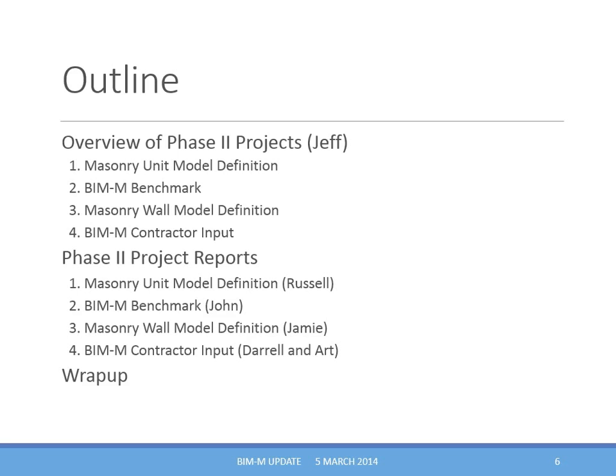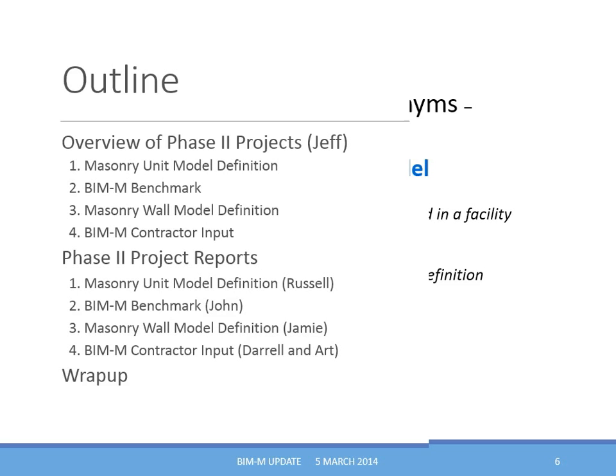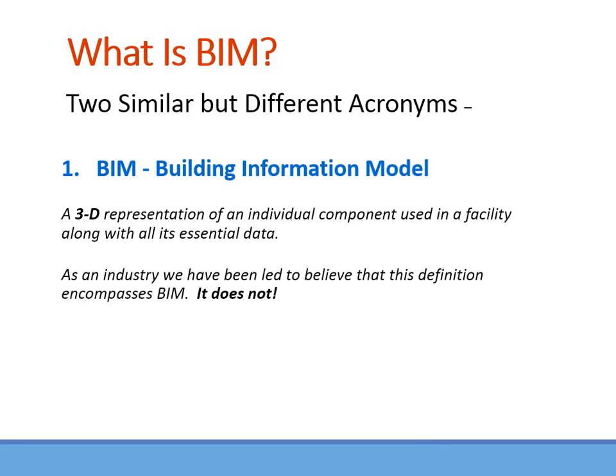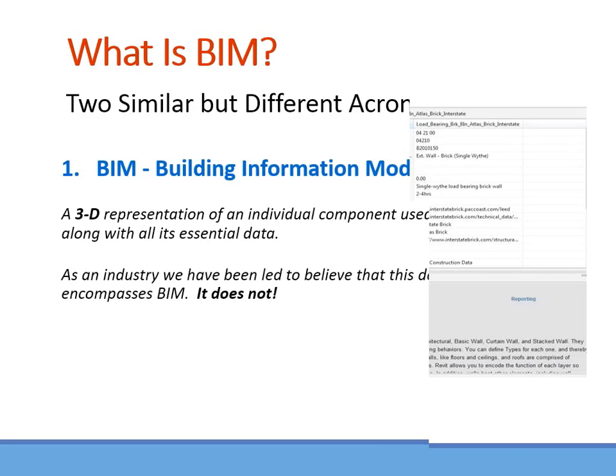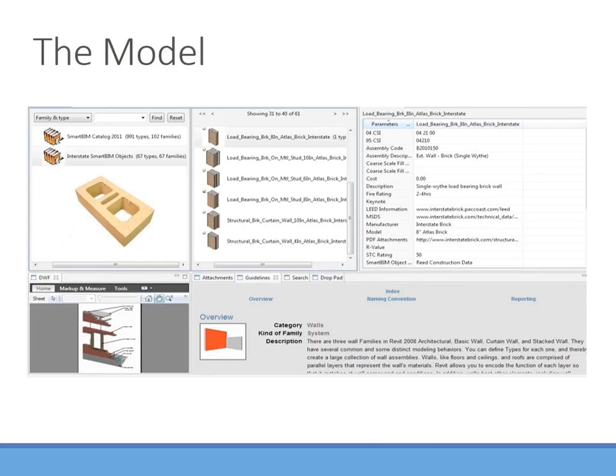Before we get in, I wanted to explain what BIM is. There have been two different acronyms, both using BIM. One is Building Information Model. This is a 3D representation of an individual component used in a facility, along with all of its essential data. This is what that might look like.